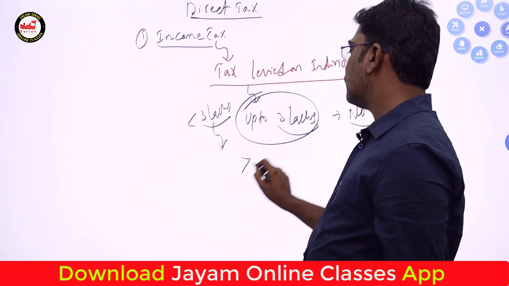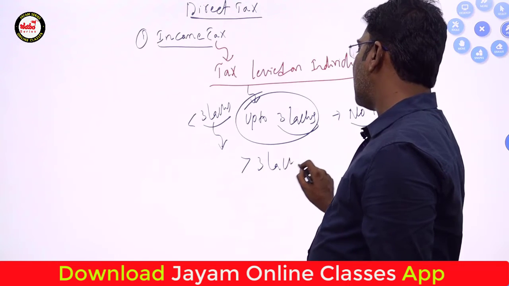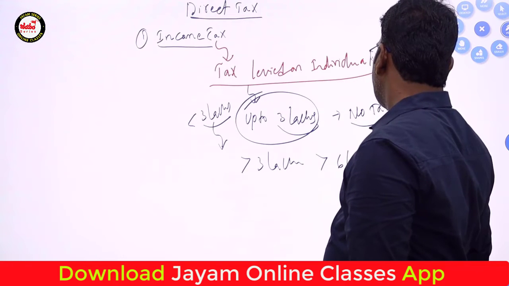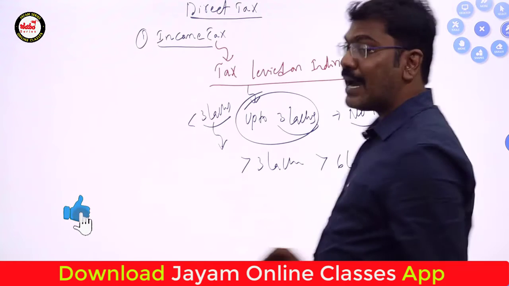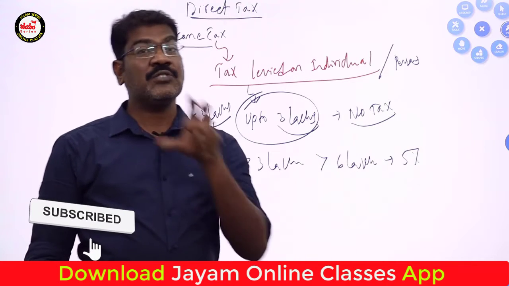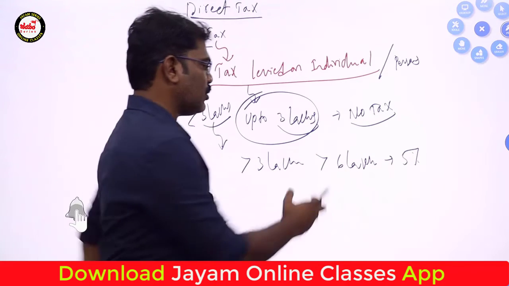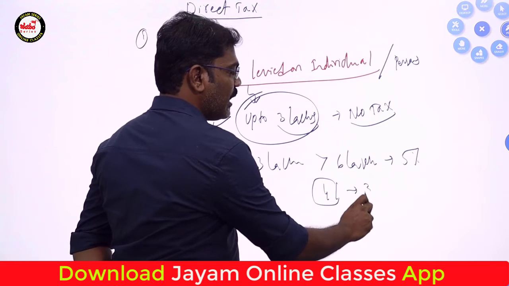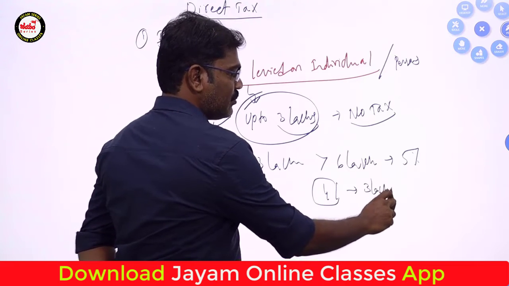After 3 lakhs, up to 6 lakhs, the tax is 5% of their income. For example, if their income is 4 lakh rupees, how much do they need to pay? Up to 3 lakh rupees they need not pay tax.